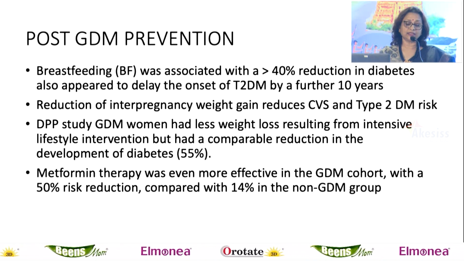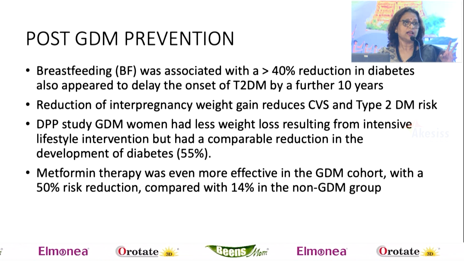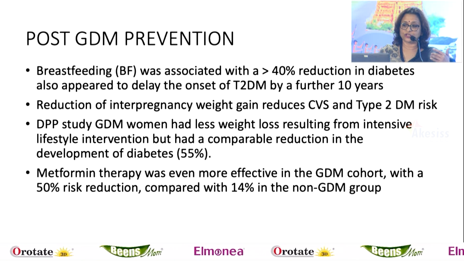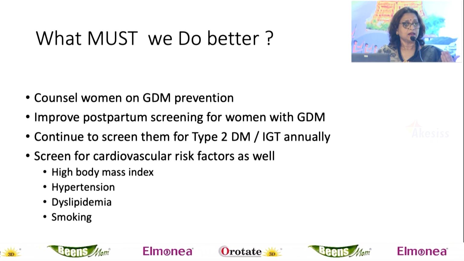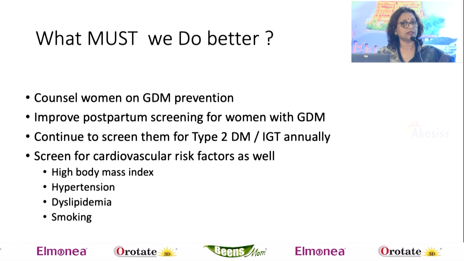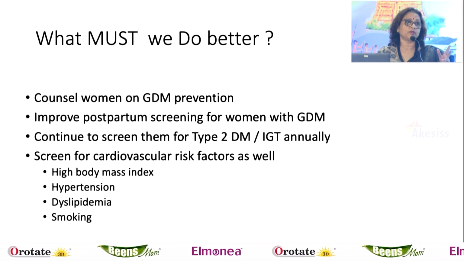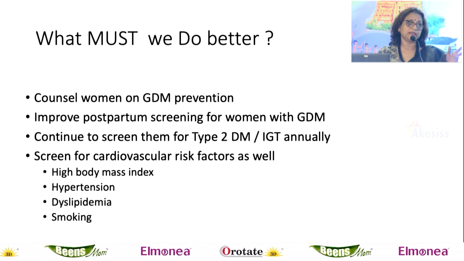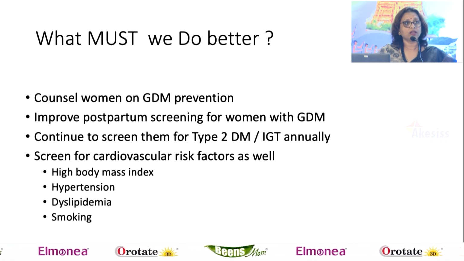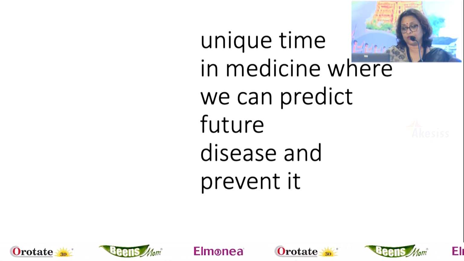So the reason I've highlighted this point is that we spend very little time talking to women with GDM about long-term prevention. They don't see any other medical professional. They fall through the gap, and it is in our hands to ensure that we can do this better, focusing on prevention and screening them for other cardiovascular risk factors, because we also know that there's a lot of dyslipidemia in our women, but sometimes when we see them in the postpartum phase, knowing that they've had gestational diabetes, we don't add all these factors and we lose the opportunity to introduce lifestyle intervention and prevention education.